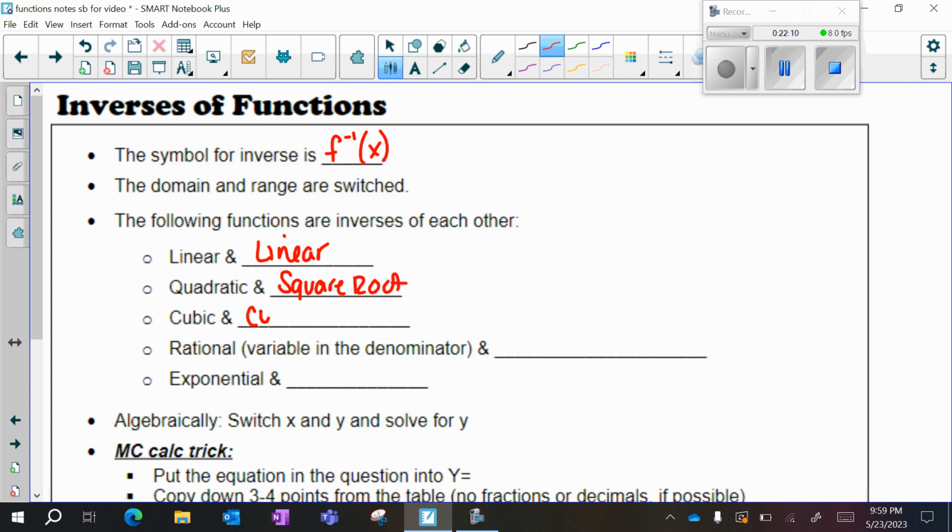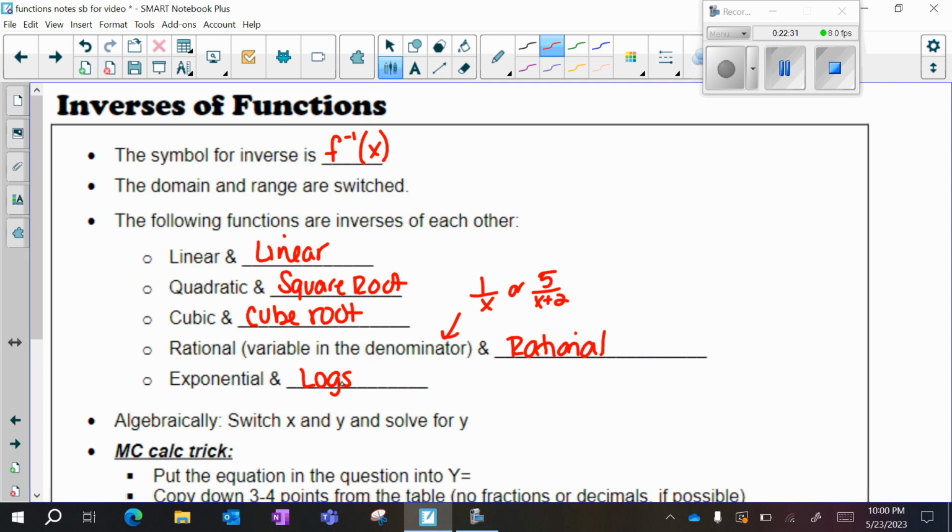Cubic and cube root. A rational function, which is a variable in the denominator, something like 1 over x or 5 over x plus 2. The inverse of a rational function is a rational function, and exponentials and logs.